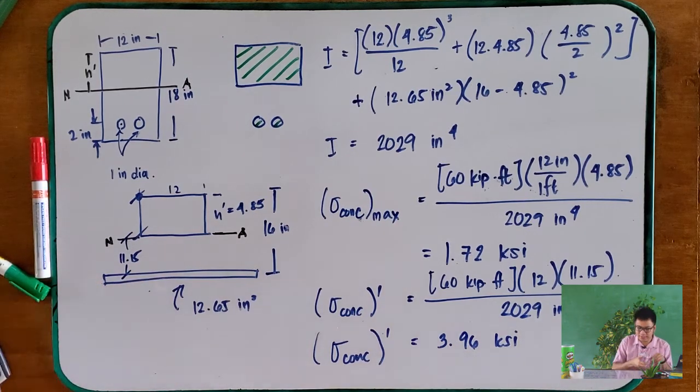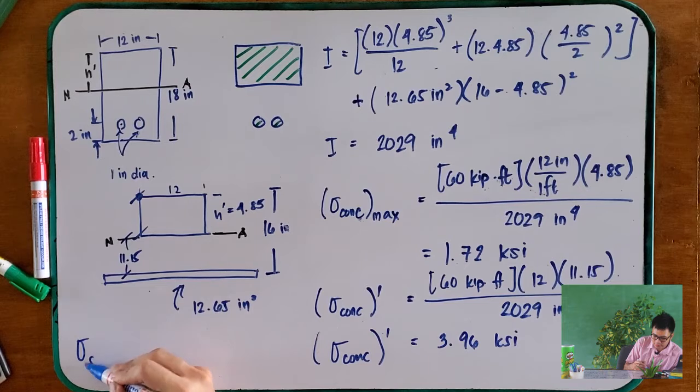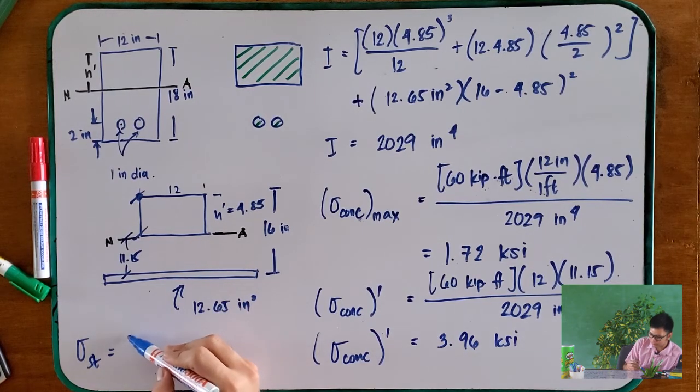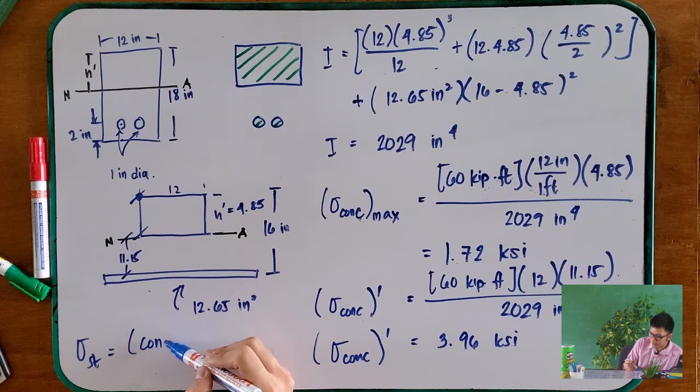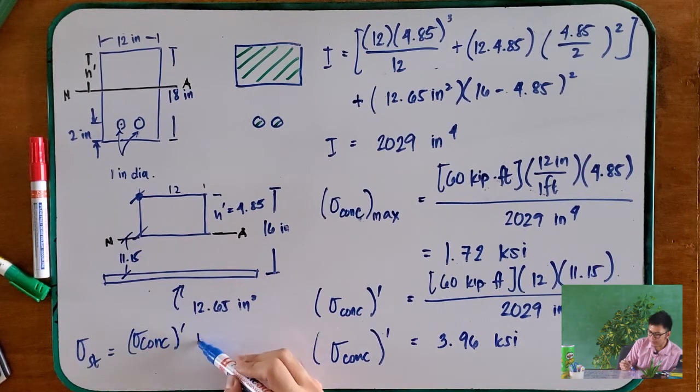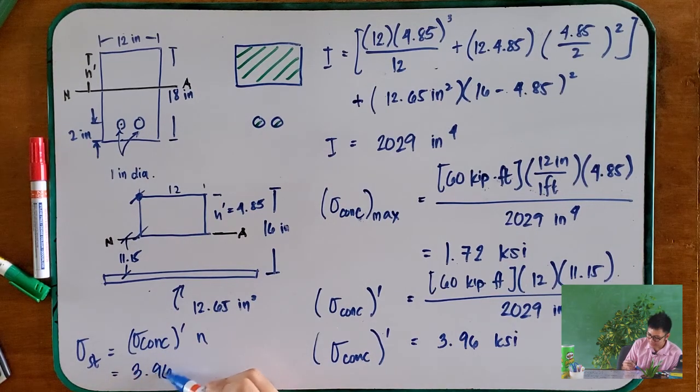So therefore, the stress in steel is equal to the stress in concrete multiplied by n. And that is 3.96 times 29 times 10 to the power of 3 divided by 3.6 times 10 to the power of 3.